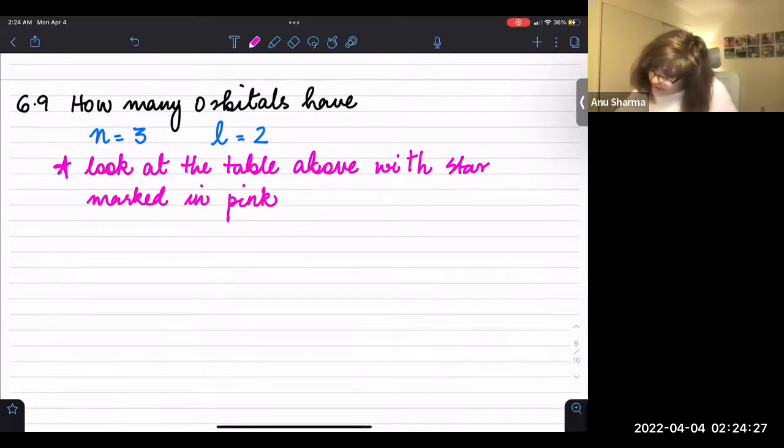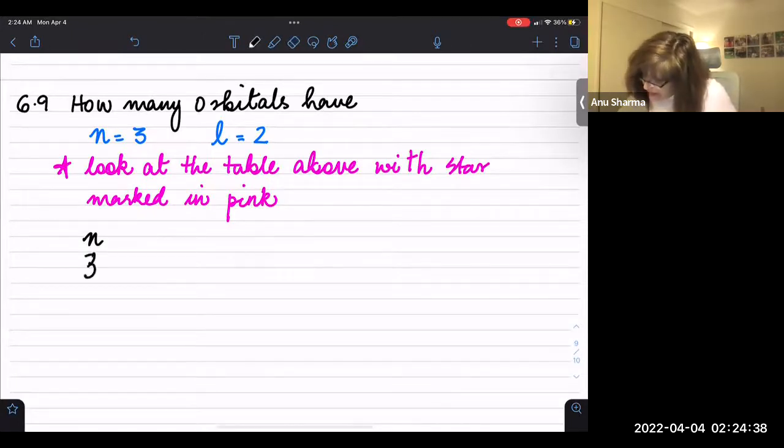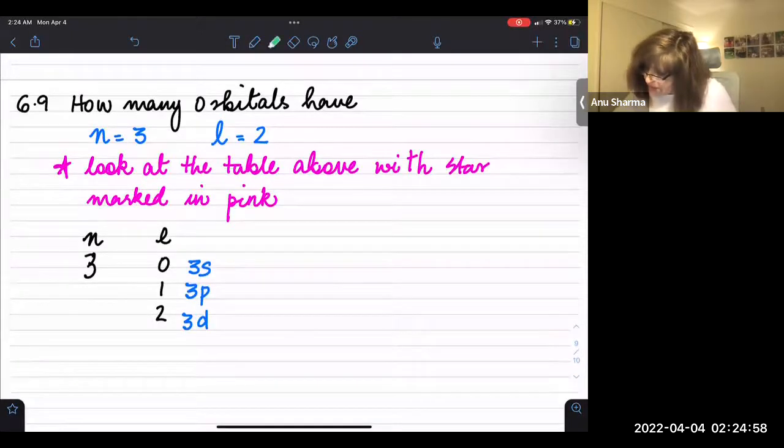Okay, so here you see that when N is equal to 3, then L is equal to 0, 1, 2. And that becomes 3S, 3P, and 3D. So the question is, how many?